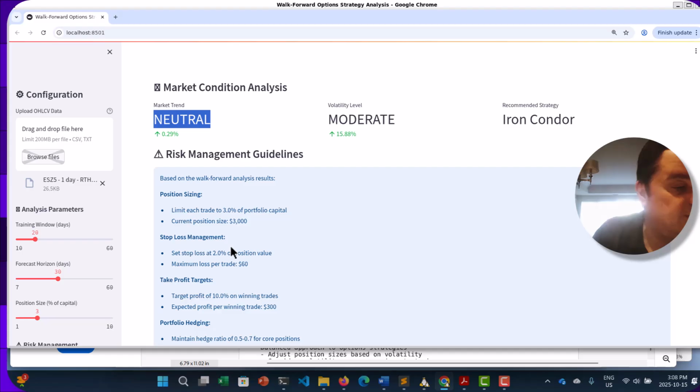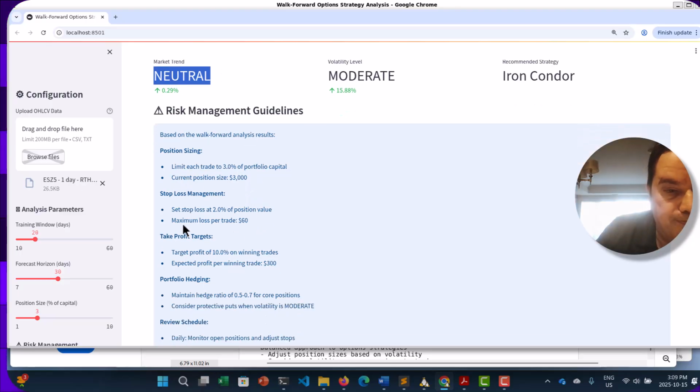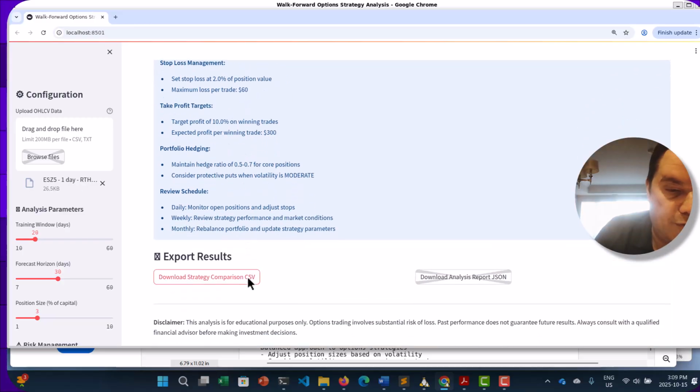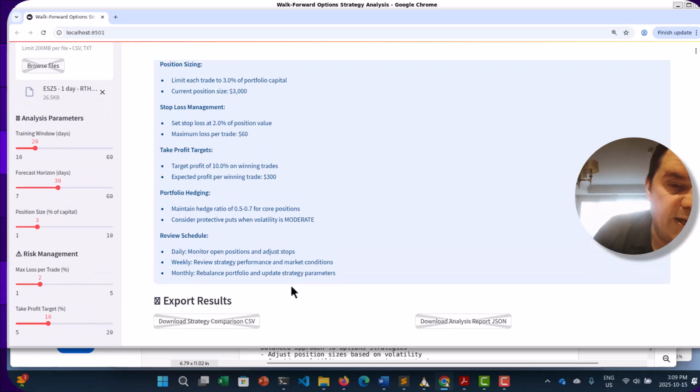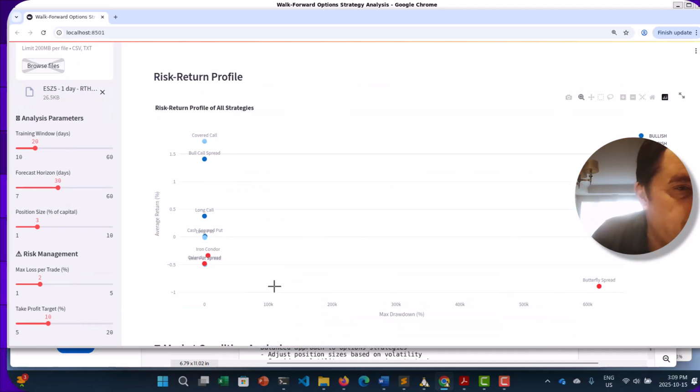And it talks about the position sizing that you could take. Limit trade to 3% of portfolio capital. Current position at 3,000. Stop loss management, take profit, and so on and so forth. So basically, what this means, and I'm just using the default for this dashboard.